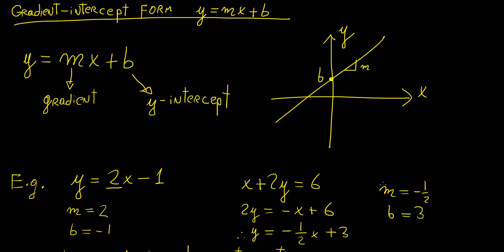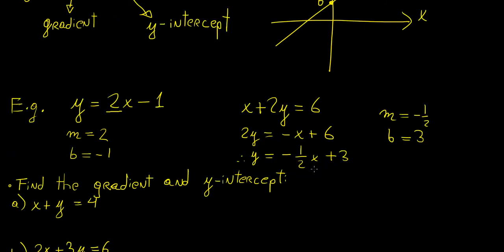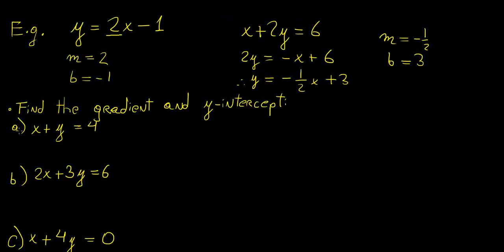Alright, now we're going to do some more examples so that you understand the whole concept. We're going to start with question A here, and we're going to rearrange that equation. We can write this as y equals minus x plus 4. Therefore the gradient is equal to minus 1 and the y-intercept equals 4.